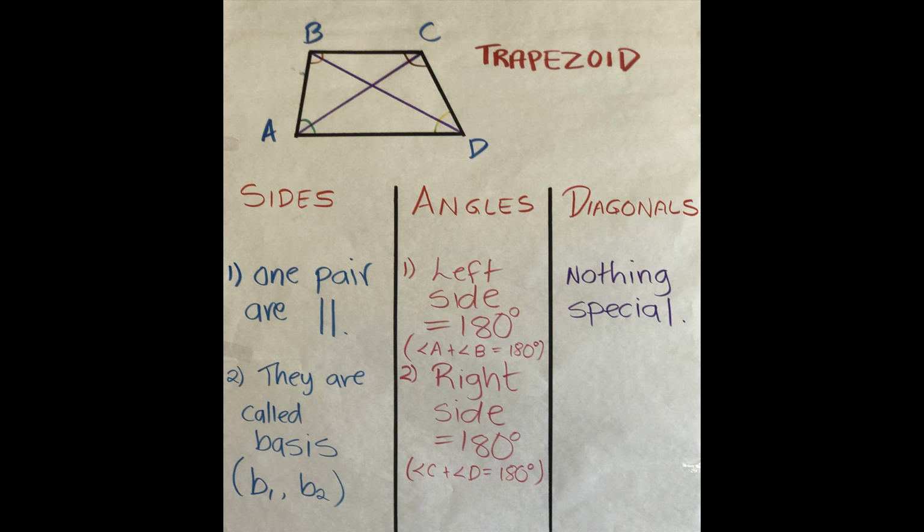If we go back to the properties of the trapezoid, we see that the left side equals 180 and the right side equals 180. So that could be true about this quadrilateral. Angle CDA could measure 90 degrees. If all the given information matches the properties of the trapezoid, that means that choice C is correct.